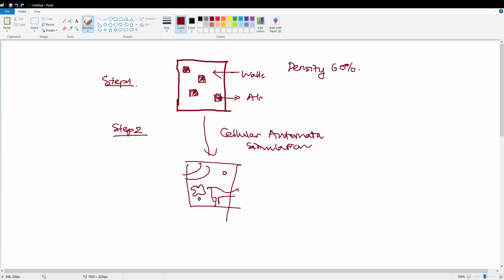So let's just say this is our finished product of the cellular automata. After passing it through the simulation, we're going to end up with these caves, for example. What we want is to connect the huge parts together and leave out the small parts.